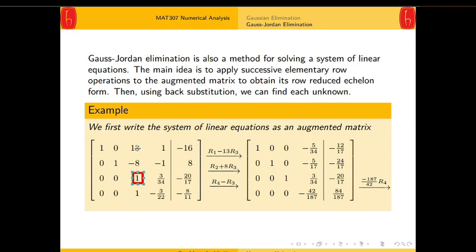To that end, we can add negative 13 times the third row to the first row, and also we can add 8 times the third row to the second row, and also we can subtract the third row from the fourth row. Okay, so when we do that, you'll see we have zeros here, and also the other entries will change as well, just like we did before.